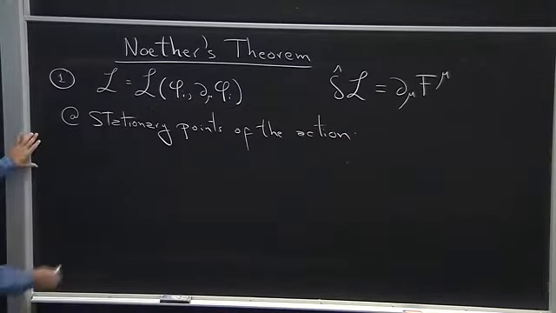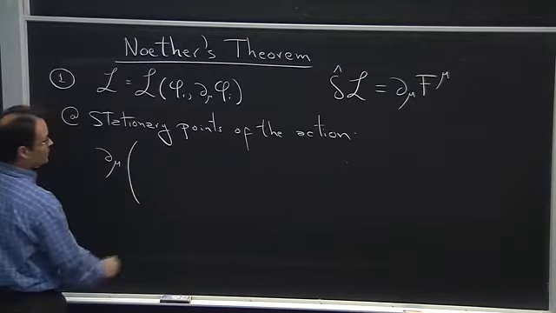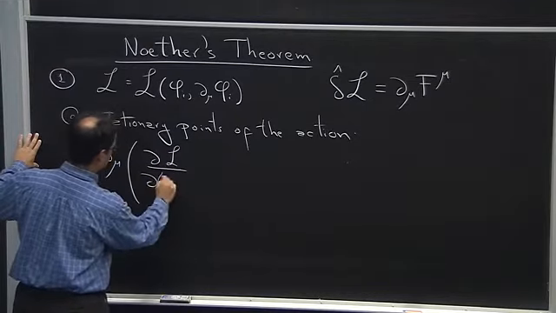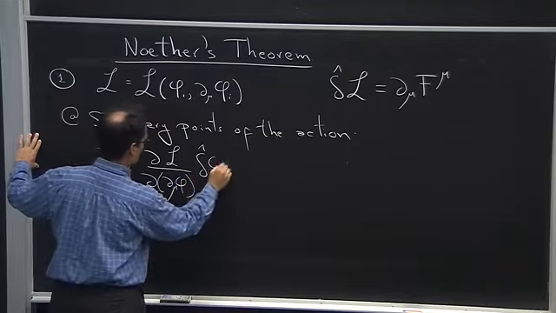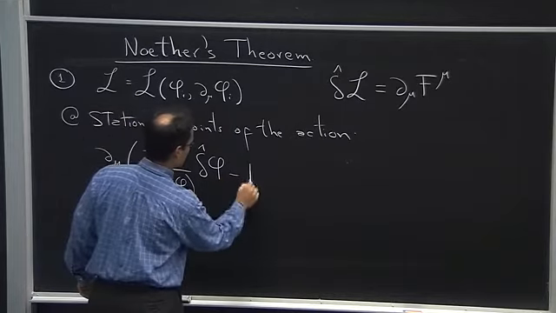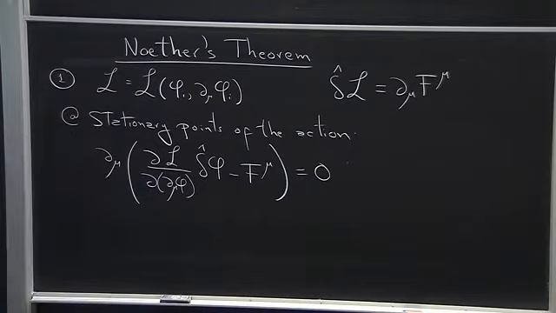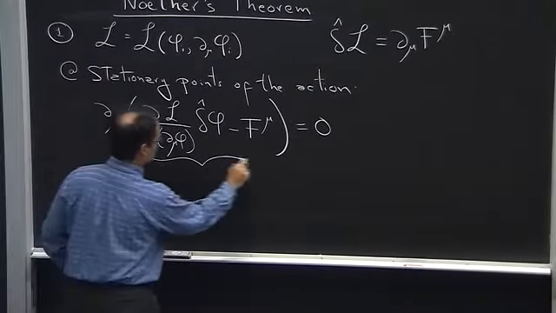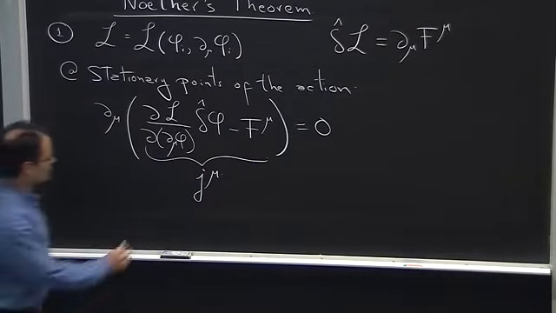then we concluded that the following object had to be, let's see, 0. So the derivative of this object had to be 0. And we said that we could call this a conserved current.